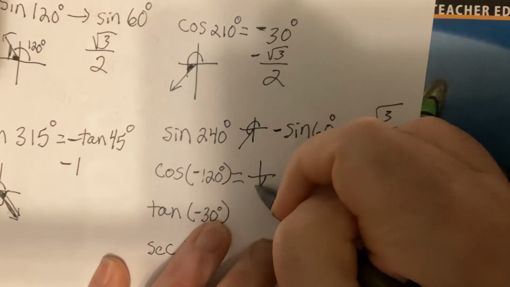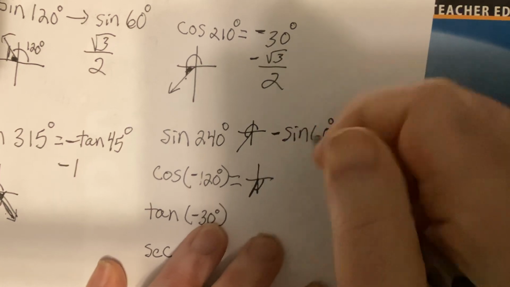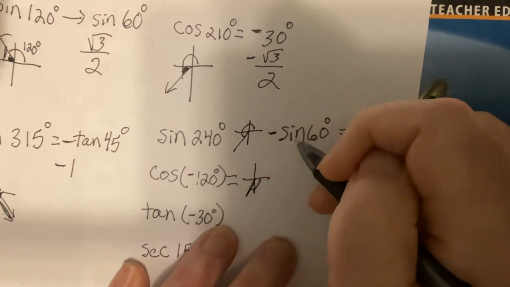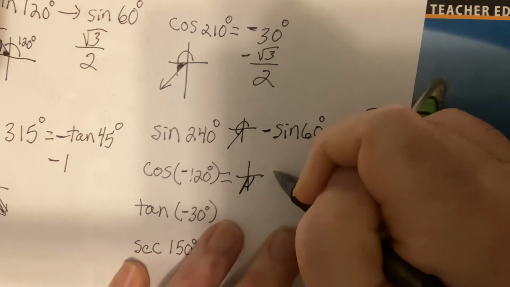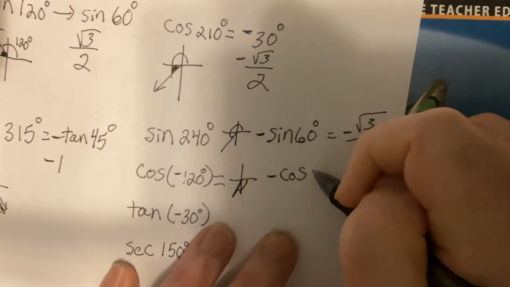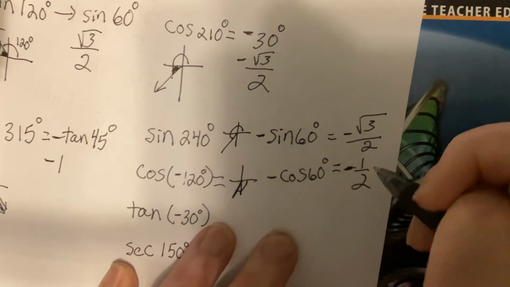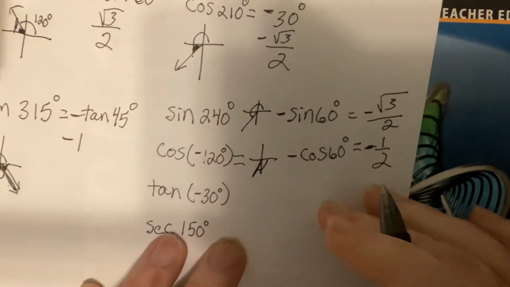Here's negative 120 right there. There's 60 degrees between here and the negative 180, I should say. So cosine's negative in the third, 60 degrees. So it's a negative 1/2. Cosine of 60 is a half.